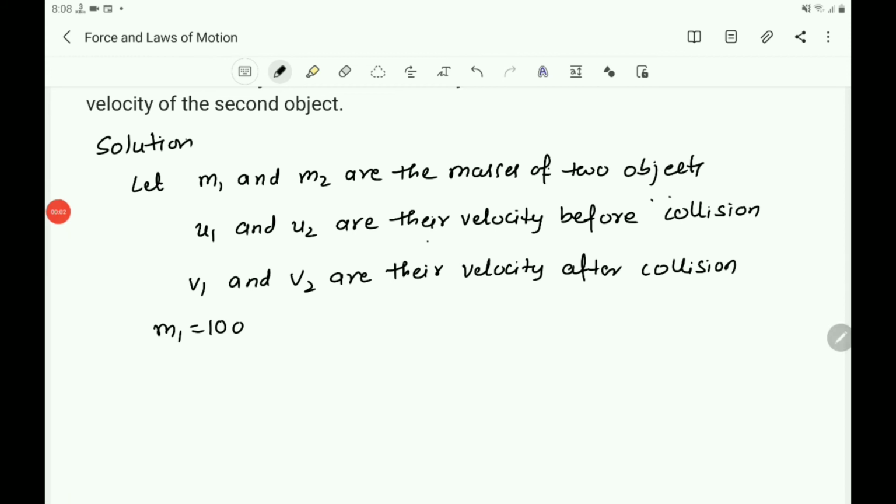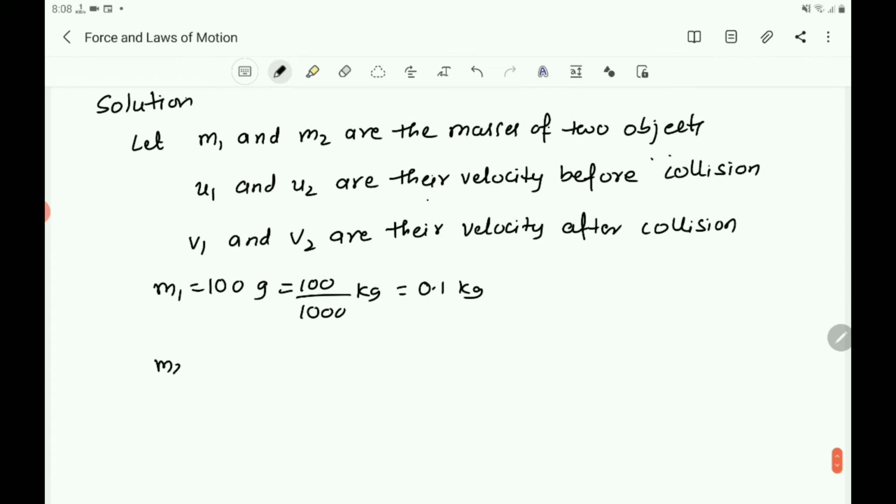Now you write here m1 equals 100 gram. You convert that into kg. That becomes 100 by 1000 kg, that equals 0.1 kg. That is the SI unit here.